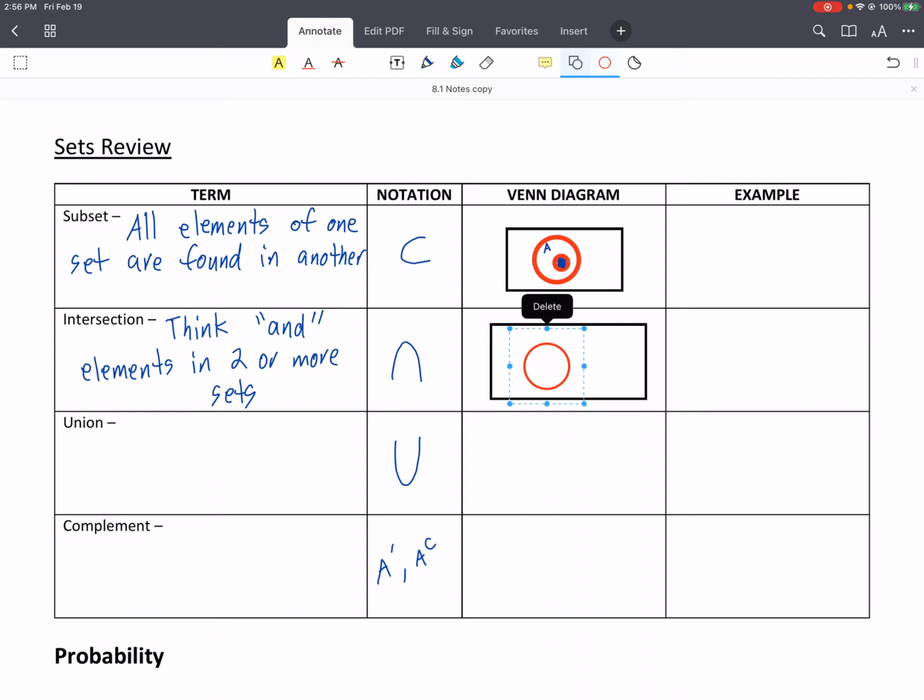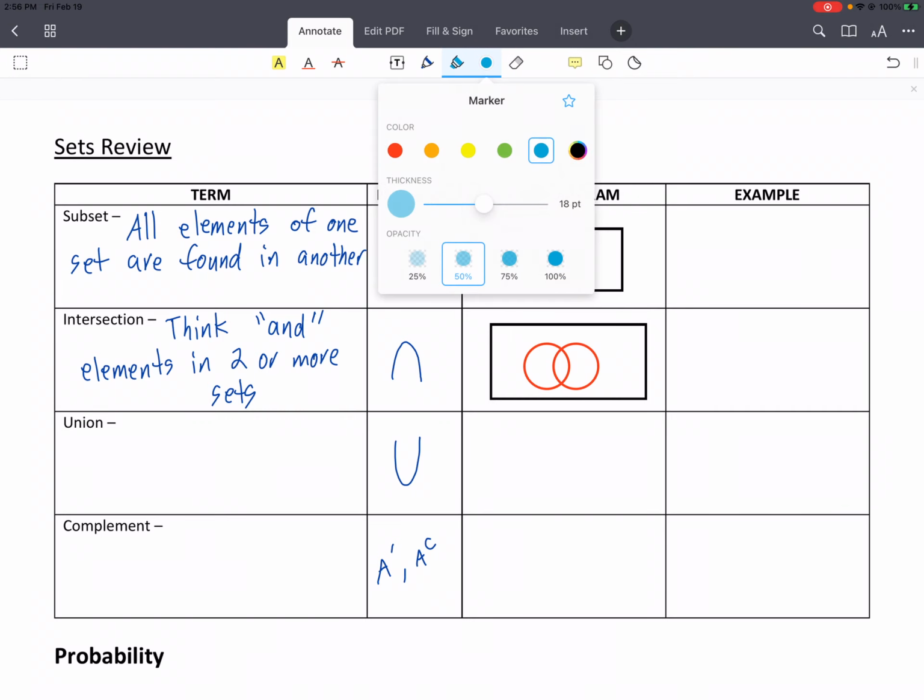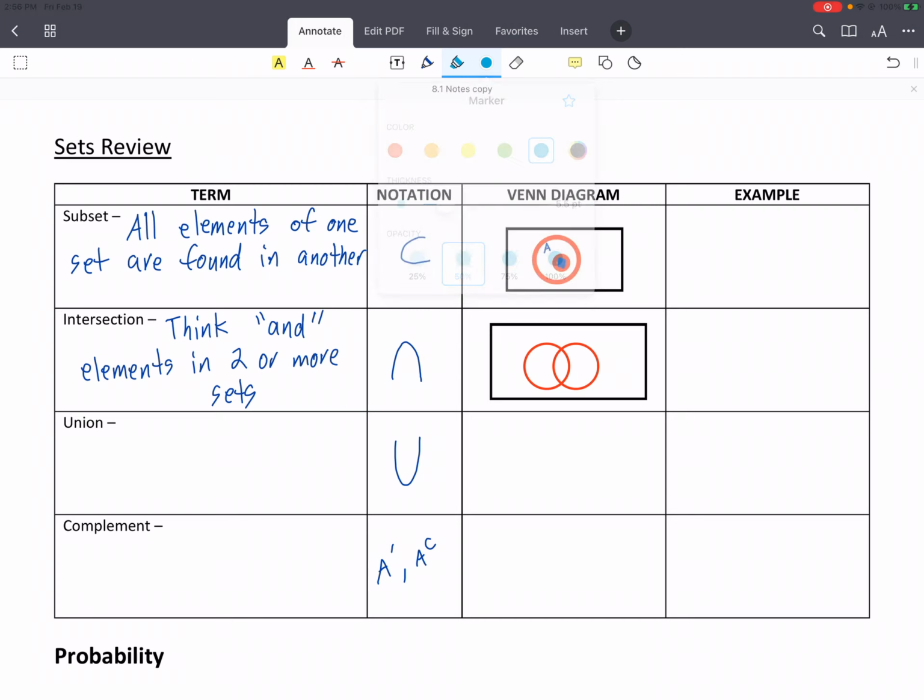So let's call that set A. Add another set there. So the complement would be everything in the middle there. I need to copy that.